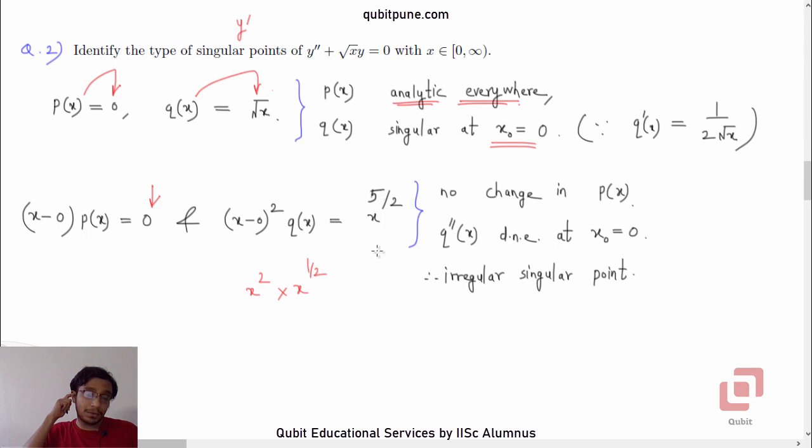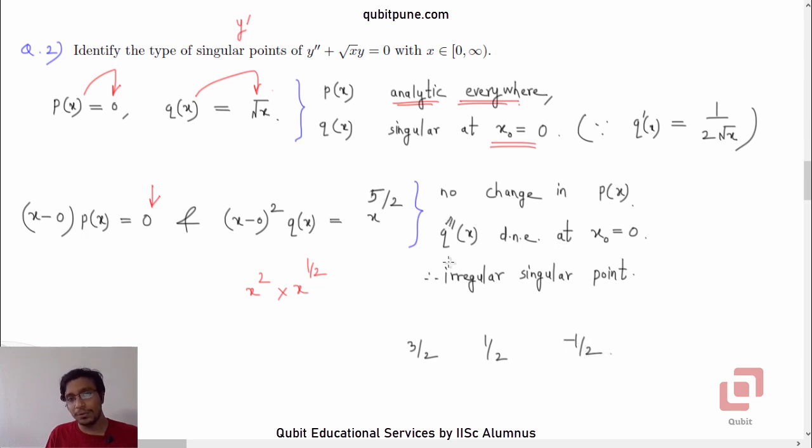Now x raised to 5 by 2 is a function whose third derivative doesn't exist. Let us see: the first derivative will have the power 3 by 2, the second derivative will have the power 1 upon 2, and the third derivative will have the power negative 1 upon 2.